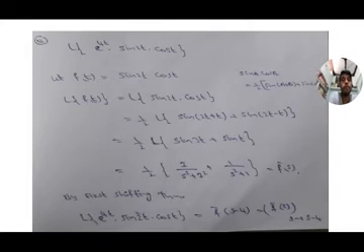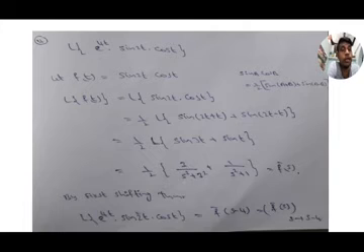Next, find the Laplace transform of e to the power of 4t into sine 2t cos t. Here we have a product of three functions: e to the power of 4t, sine 2t, and cos t.